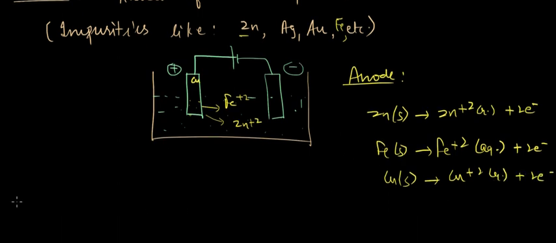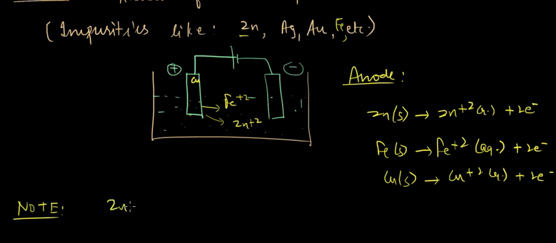But note that at the cathode, Zn2+ and Fe2+ cannot reduce, as their oxidation potential is higher, so their reduction potential will be much lower than the reduction potential of copper. Hence these will not be getting reduced.